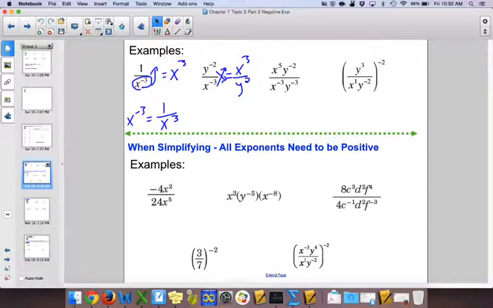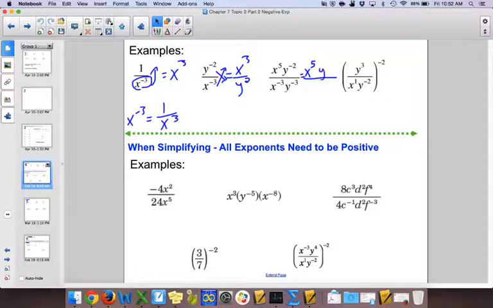Okay, this one's a little harder. We have to work with some of the information here. So we have x to the fifth and a y to the negative 2 on top. So I'm just going to rewrite the x to the fifth, but the y to the negative 2 is going to go down because it's a negative, as we showed in the previous example. But there is a y to the negative 3 already down here, so I'm just going to bump that one up.